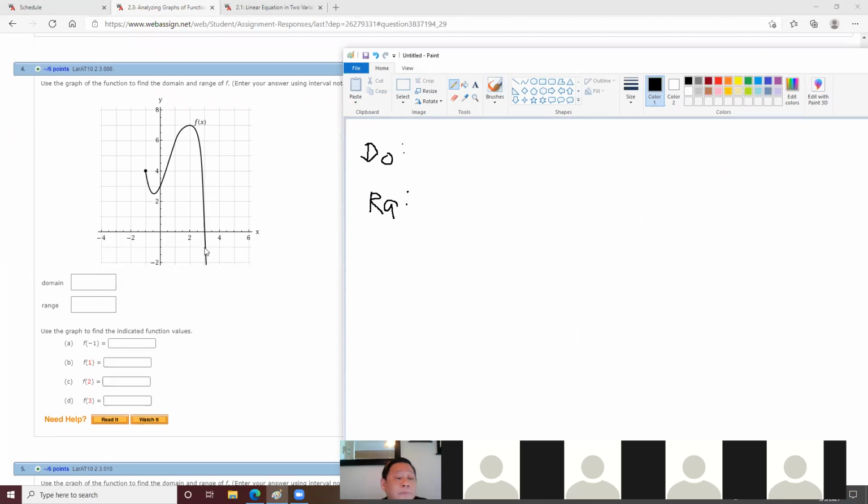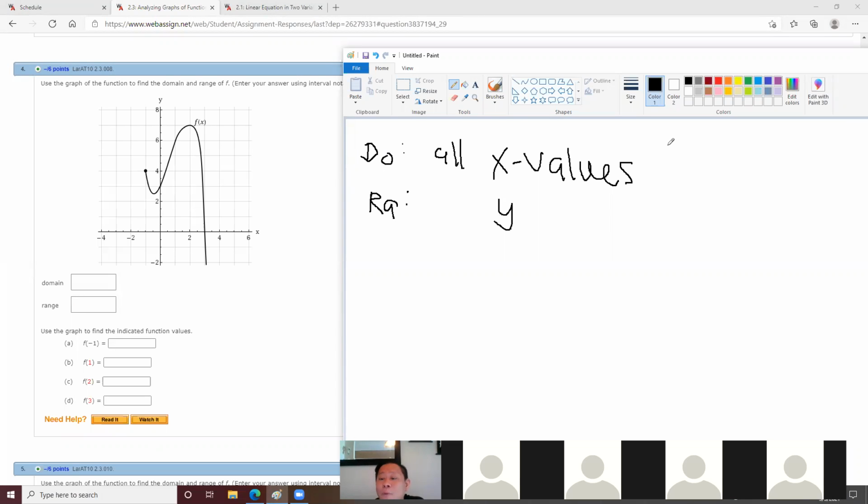Domain, range? Wow. So domain in this case is all the x values that you can have on the graph, so all the x values that can exist. Range is all the y values that can exist in the graph.